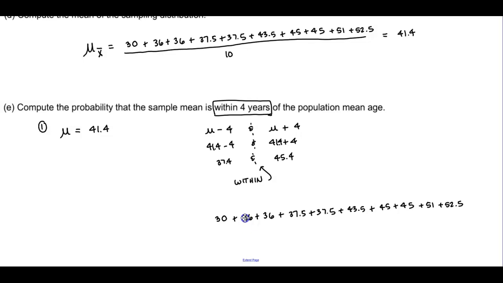Well, if we look here, does 30 fall in there? No. Does 36? No. Does 37.5? Yes. Does 43.5? Yes. Does 45 fall in there? Yes. And then 51? No. And 52.5? No.